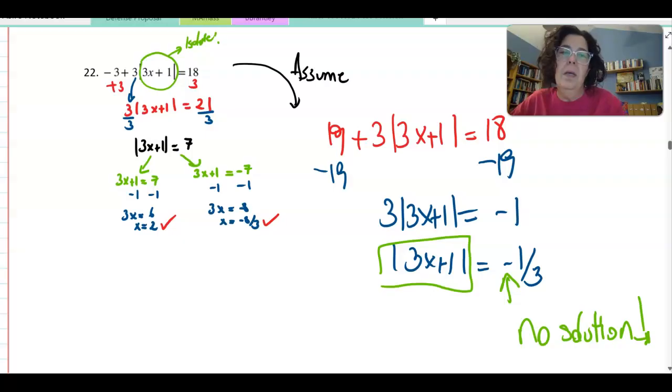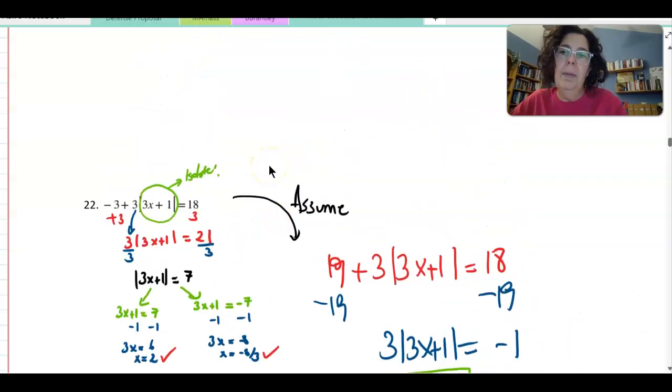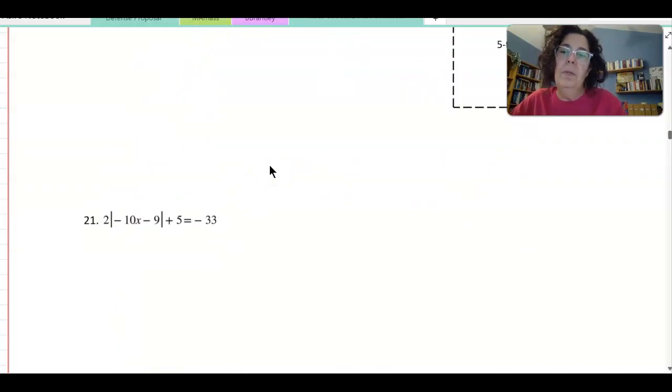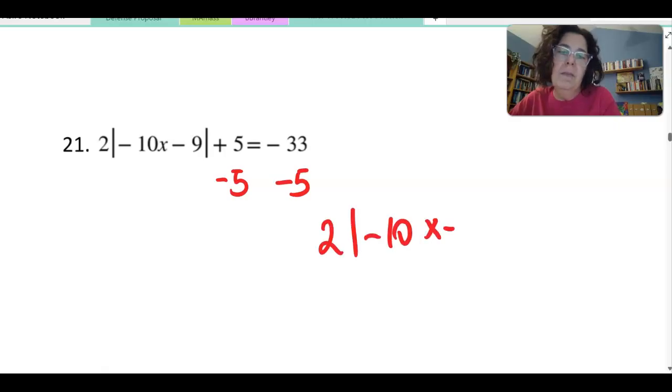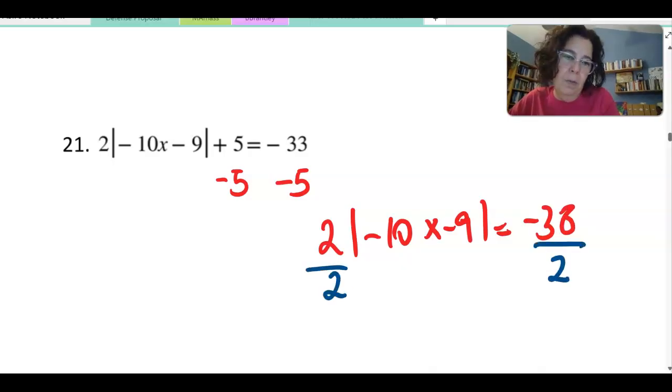I think on the same page, if you look at question 21 here, to be able to solve it, we subtract 5, and then we end up with -10x minus 9 equals -38, and then we divide each side by 2.